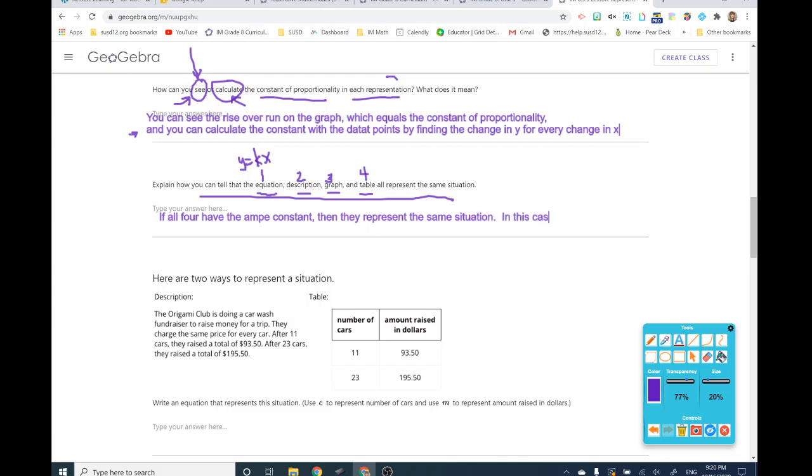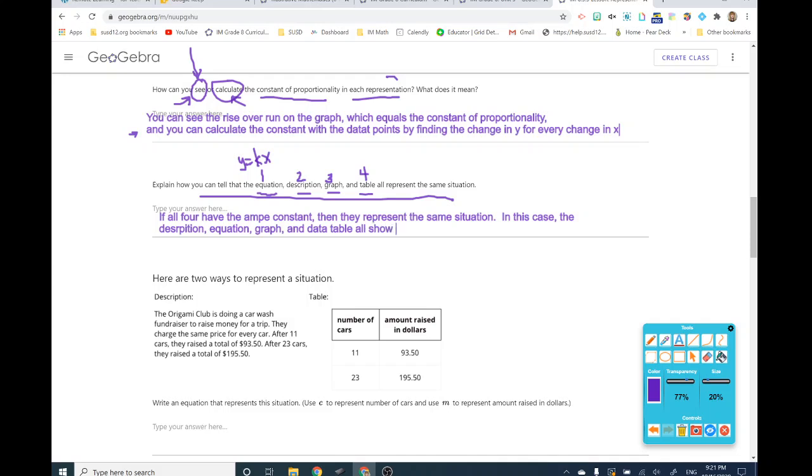In this case, the description, equation, graph, and data table all yield the same slope.